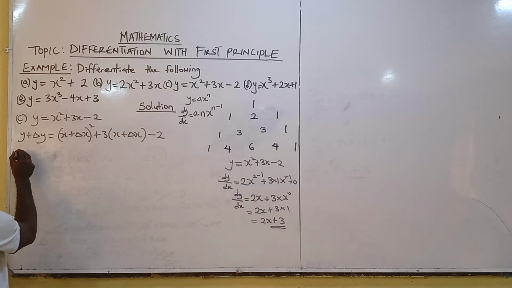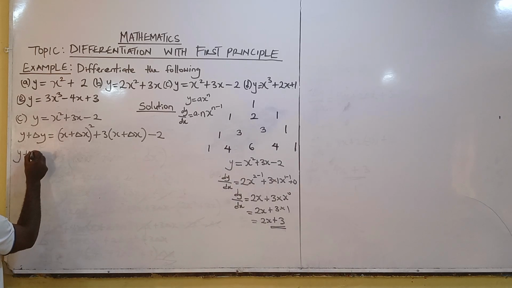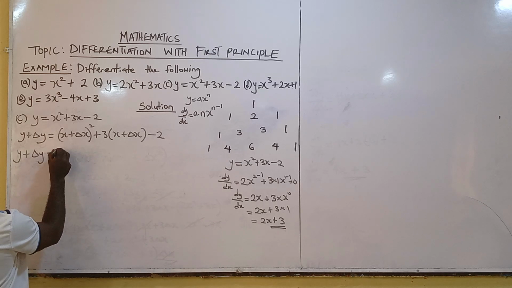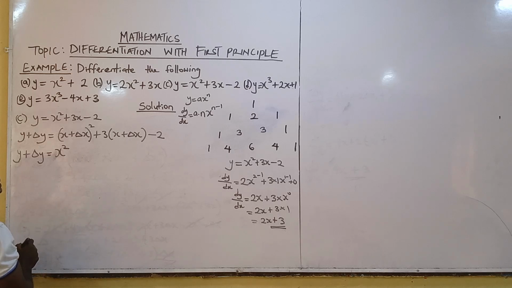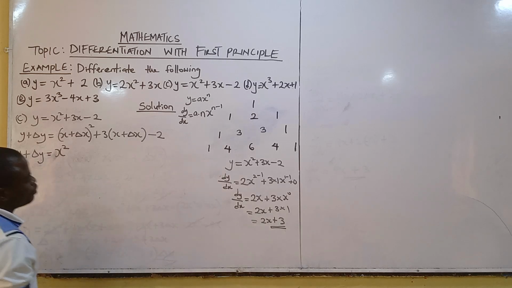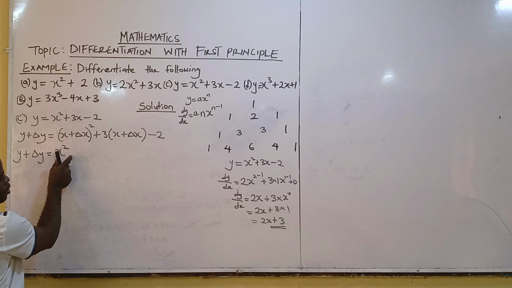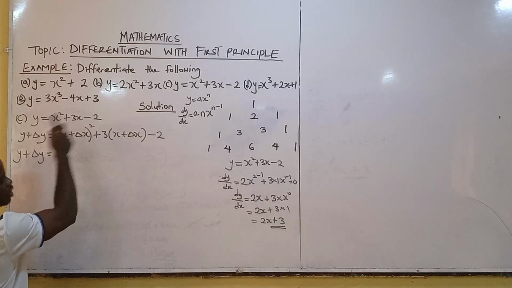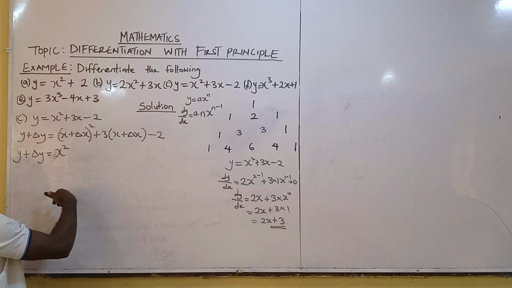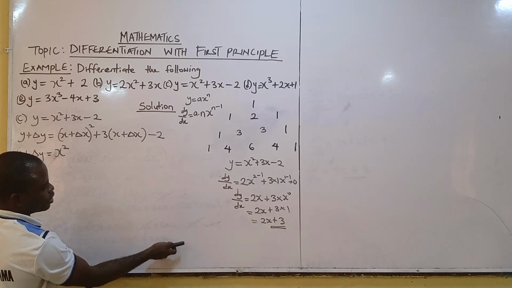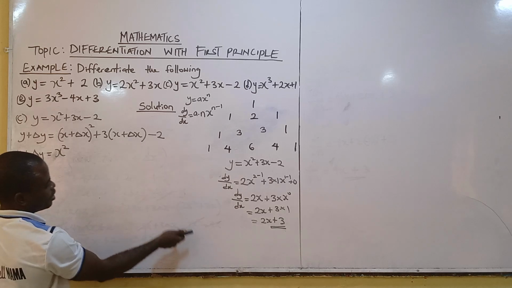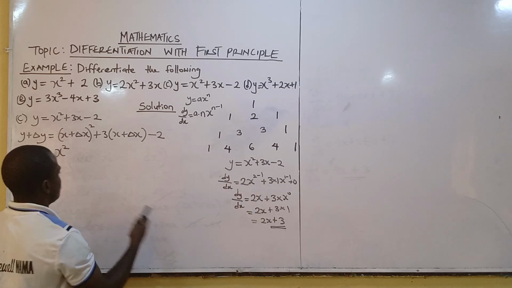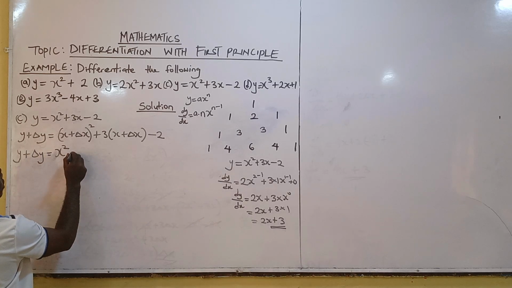Let's go ahead. y plus dy equals x squared. I tell you that when you are doing the first one, put the first one down, the dx will not be there. But when it's reducing by 1, dx will come in. As the x is decreasing, the dx, the change in x, is increasing. Okay? Take note of that.